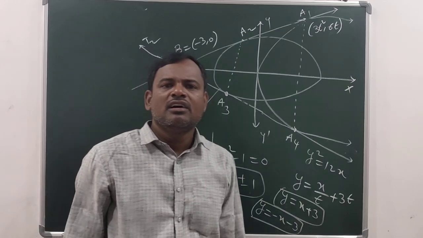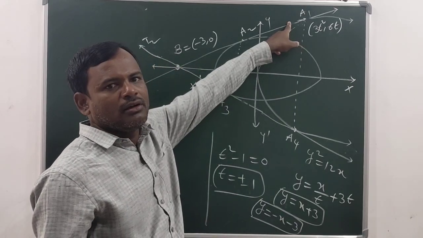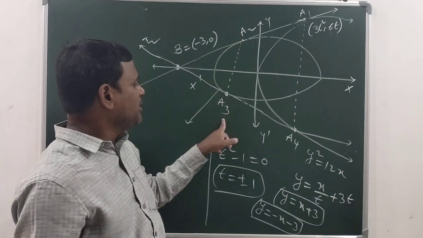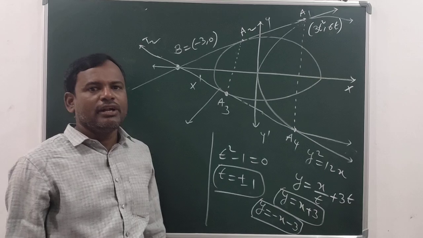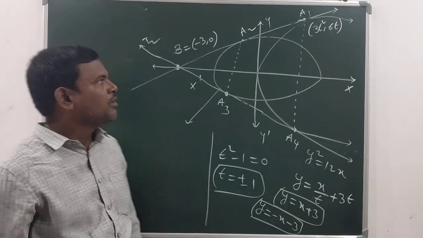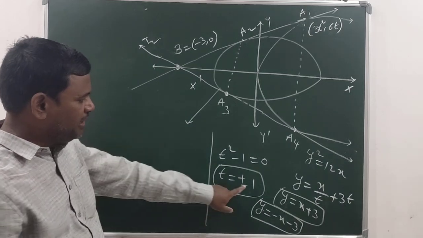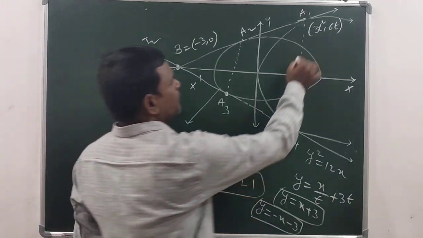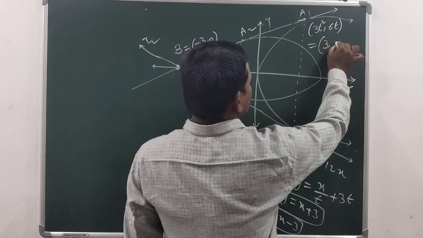Find the area of the quadrilateral formed by A1, A2, A3, A4. Now A1 you got 3t square comma 6t. T value you got 1, no? If you write here t value 1, it is going to be 3 comma 6.